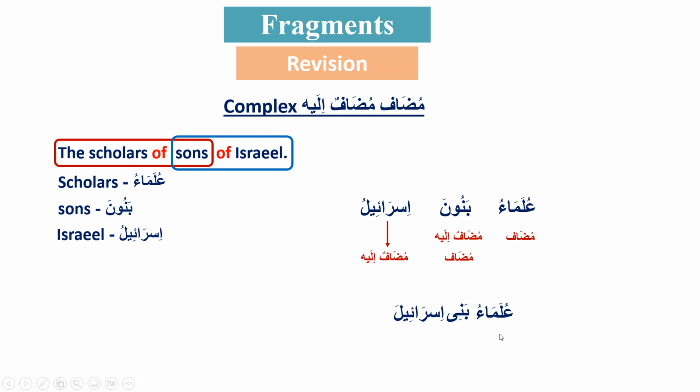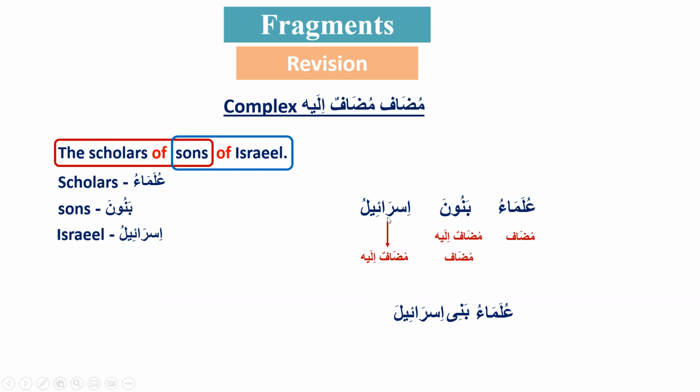Ulama has to meet two conditions because it is mudaf: no al, and it is light. Bani has to meet three conditions now. It has to be in jar status, it has to be light, and it cannot take al, because it is mudaf ilayh and mudaf at the same time. So banoon doesn't have al already, so that's okay. We have to make it light, remove the noon from it, and make it jar, banin. So with the noon removed, it becomes bani.